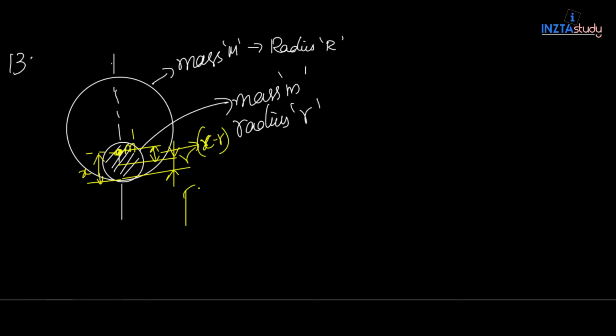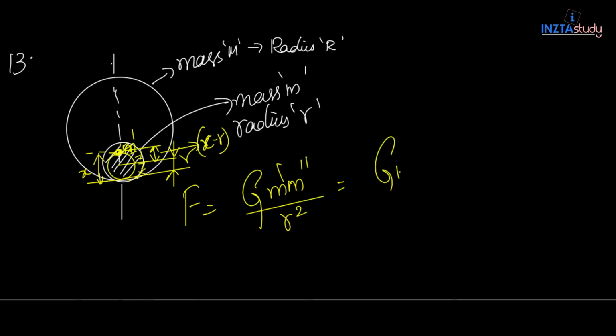So now force would be equal to G m dash and along with the outer mass over here, outer mass from this point. If you draw a circle like this, outer mass like this, m dash and m double dash, let's keep it as such, divided by r square. So distance we'll know what it is later, which is x minus r actually. So G m dash m double dash by x minus r the whole square.